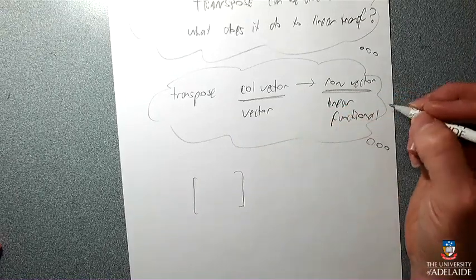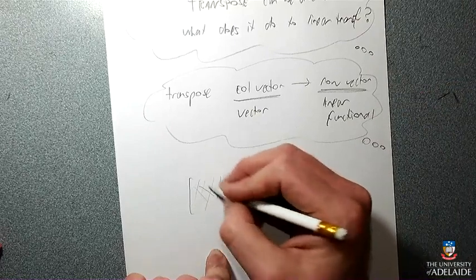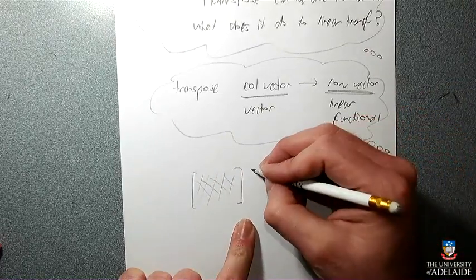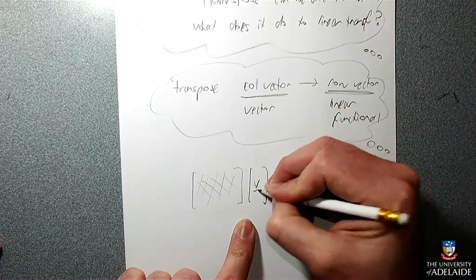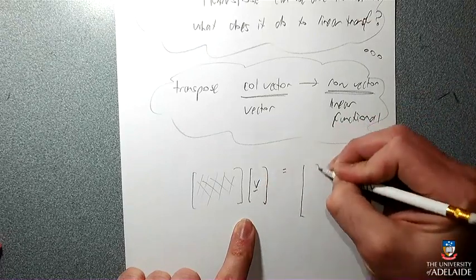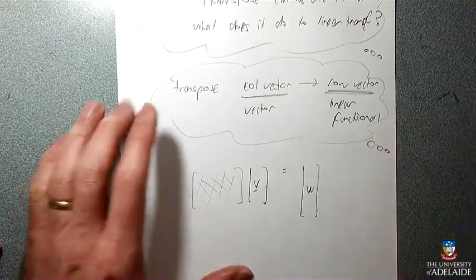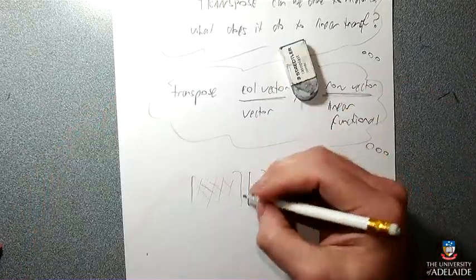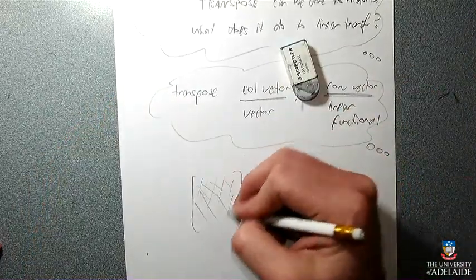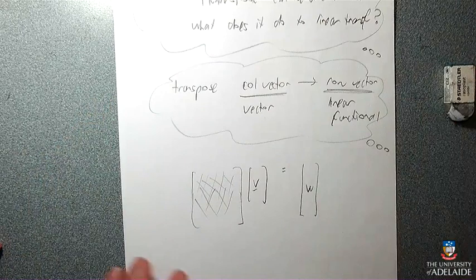But I'm thinking about this. If I have a matrix here, like an ordinary linear transformation, what that does is it takes a vector v and it produces a vector w, which may or may not be differently lengthed, right? Cool. Okay.